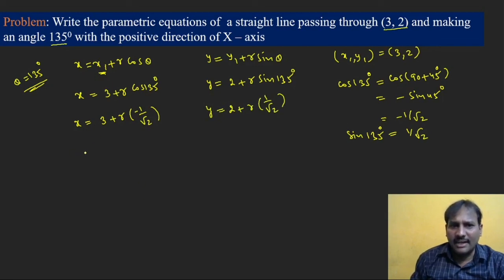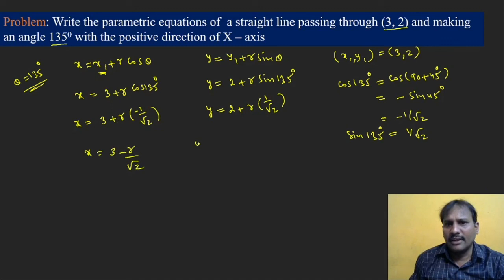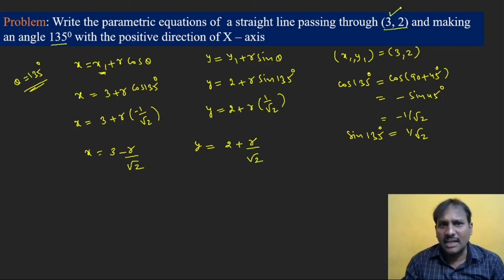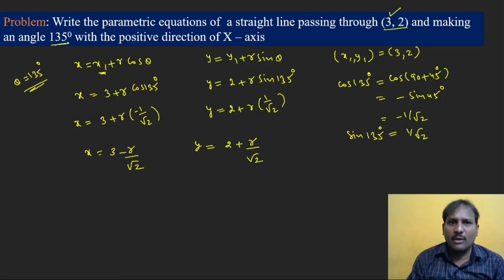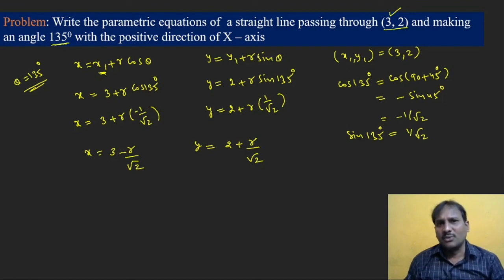So this can be written as x is equal to 3 minus r by root 2, and y is equal to 2 plus r by root 2. These are the parametric equations of the straight line passing through (3, 2) and making an angle of 135 degrees with the positive direction of the x-axis.